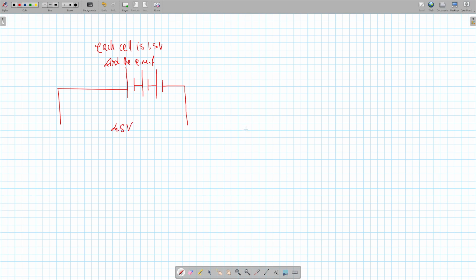How about here? كمان each cell will be 1.5 بس حرسم لك اياه in a different way. Okay, خليني make this a bit longer. Okay, again, each cell is 1.5. How much is the EMF?